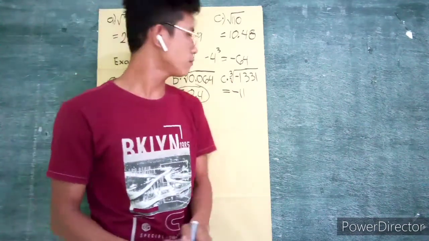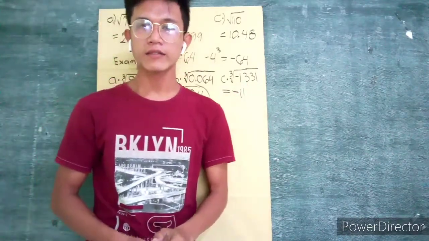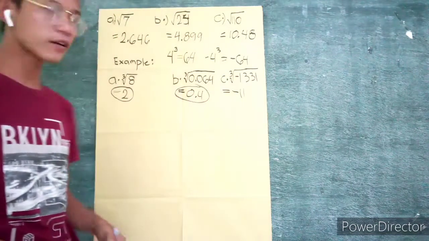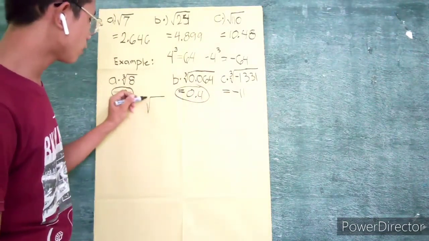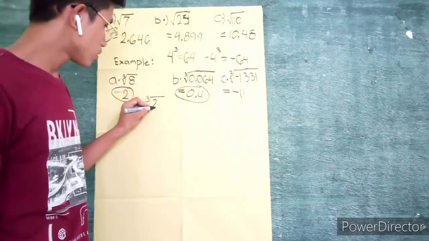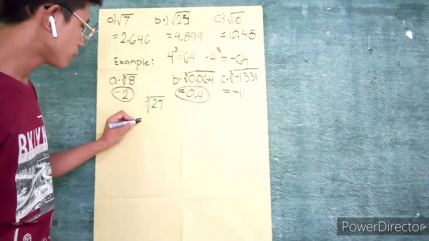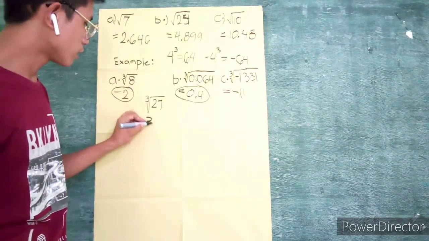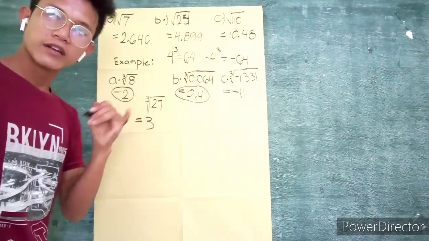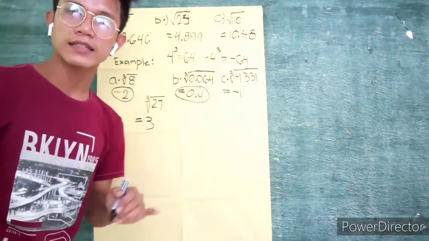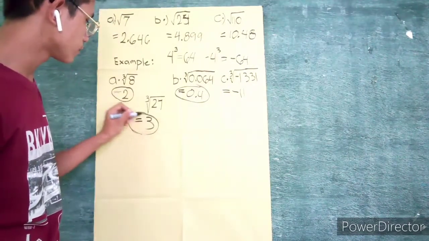Because the cube of negative 11 is negative 1331. Okay? Very good. Another example, we have cube root of 27. Okay? Cube root of 27. So it is equals to 3. Why 3? Because 3 times 3, that is 9. 9 times 3 is 27. So this is the final answer.